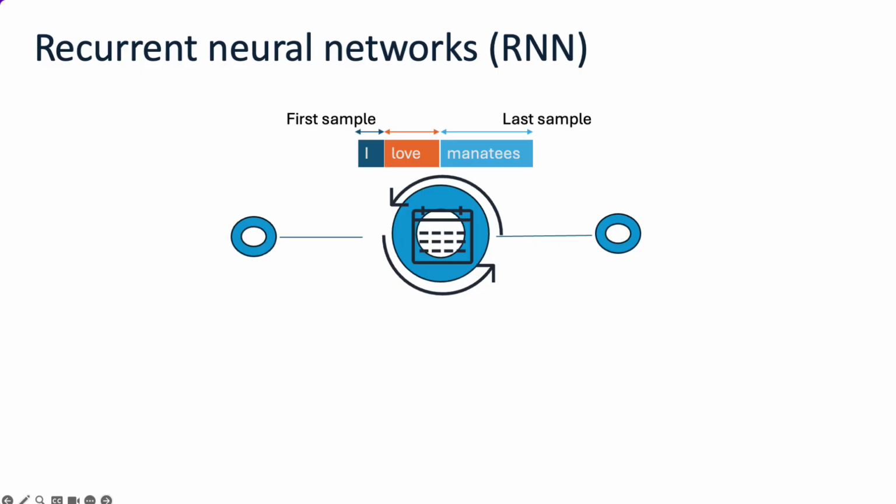One important thing to consider is that in the final hidden value in our network, one word might be weighted more than the first 2 words in our sentence. So, I love manatees, and you can see that manatees has more weight than I and love.